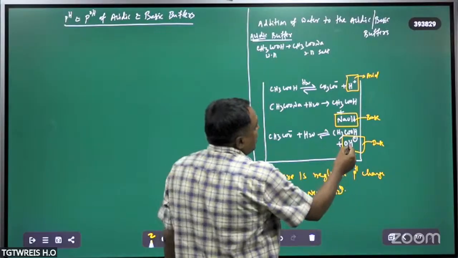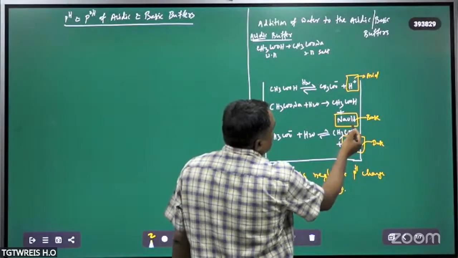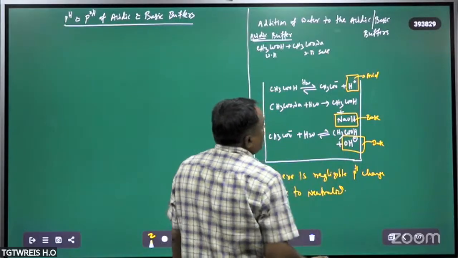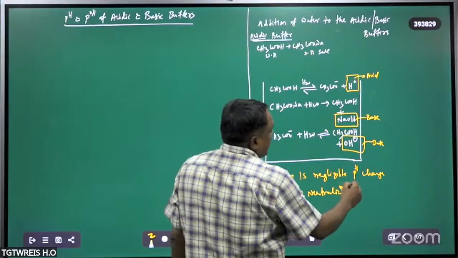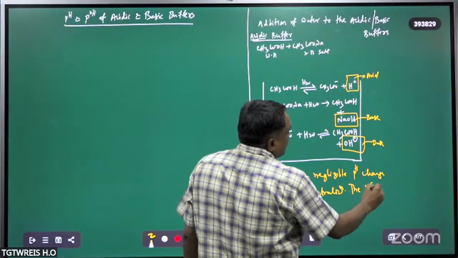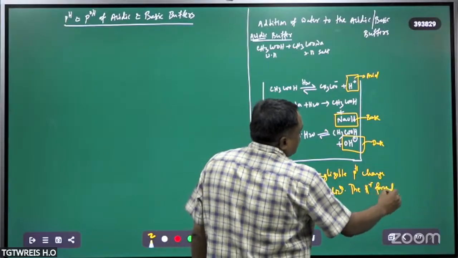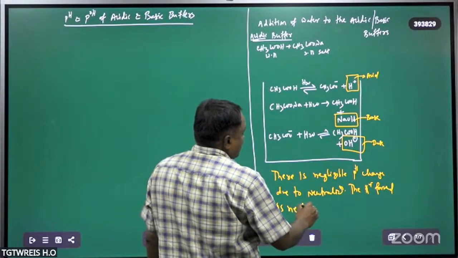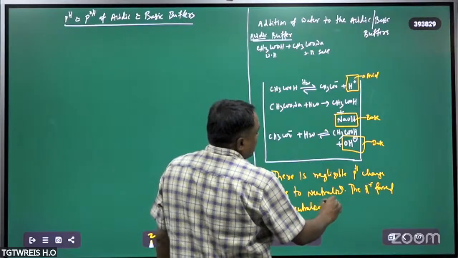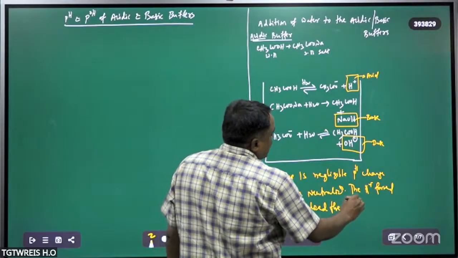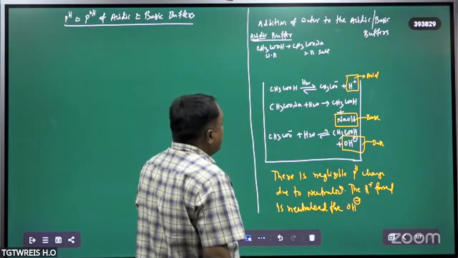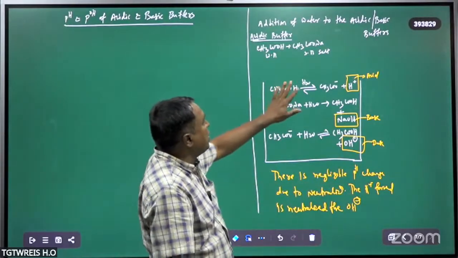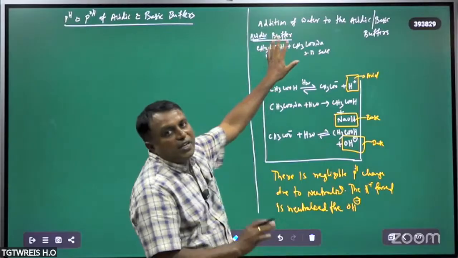The H plus formed in the reaction mixture neutralizes the OH minus. That's why there is a negligible change in pH when water is added to the acidic buffer.